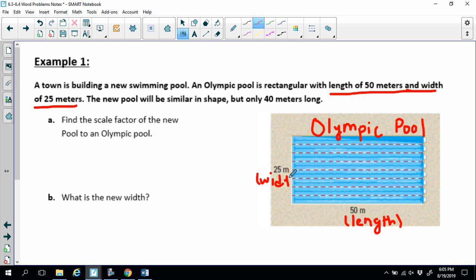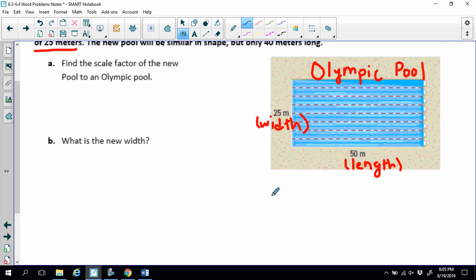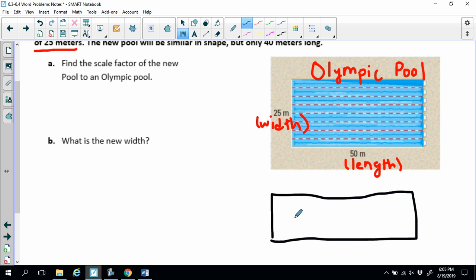Okay, so now I'm going to build a new rectangular swimming pool here. So I'm going to draw that. This is going to represent our new pool. There we go. And I'm going to label that so we know.